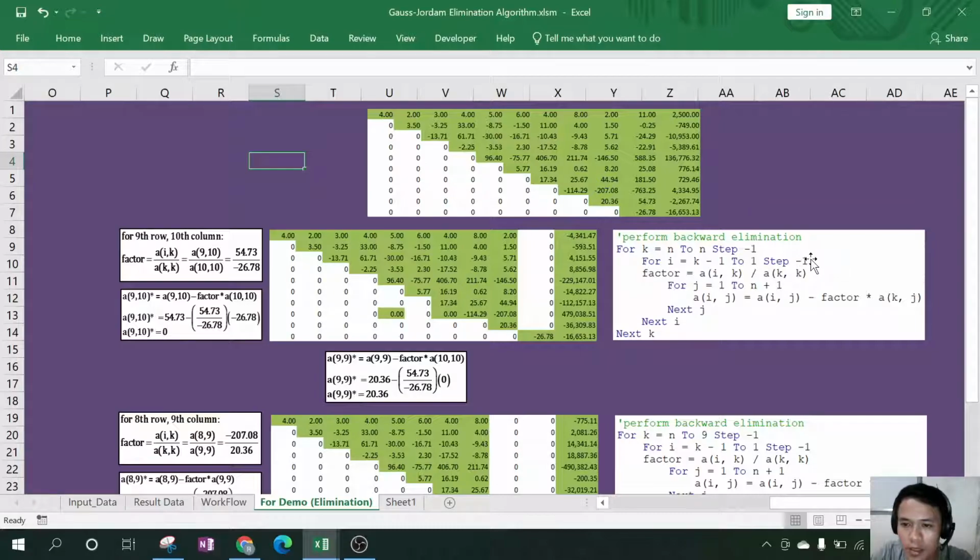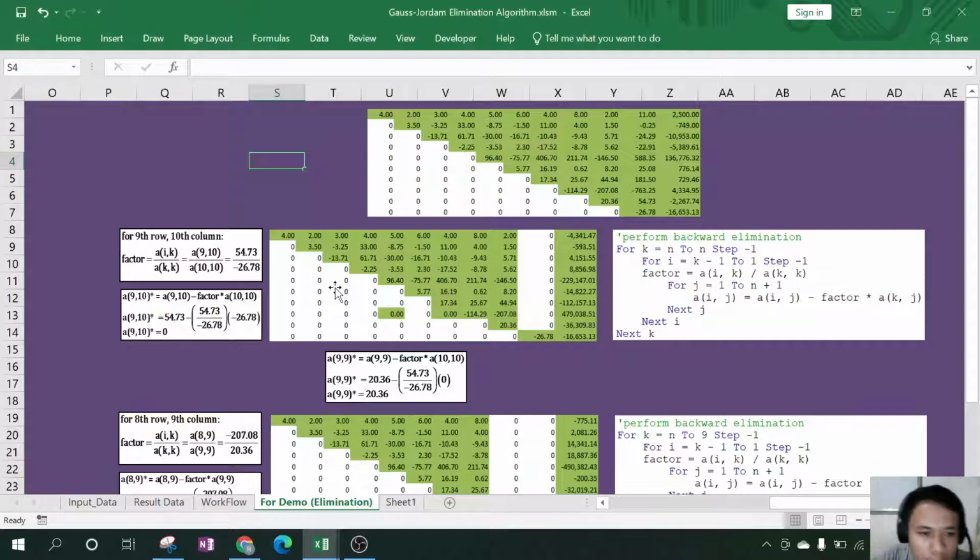Then the step is 1, so that is 8, 7, 6 up to 1. Then the factor is a i k over a k k. So when k is 10, i is 9, so that is a9 10 over a10 10, the 9th row 10th column over the 10th row 10th column.